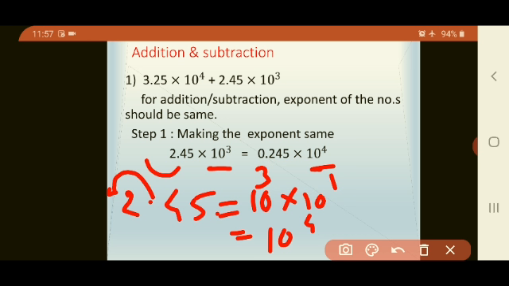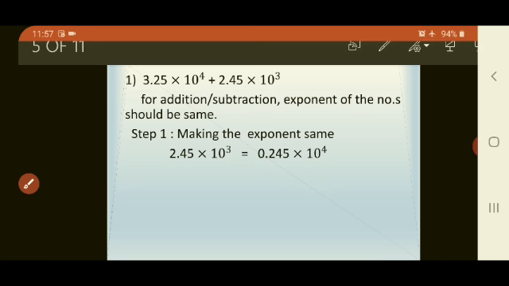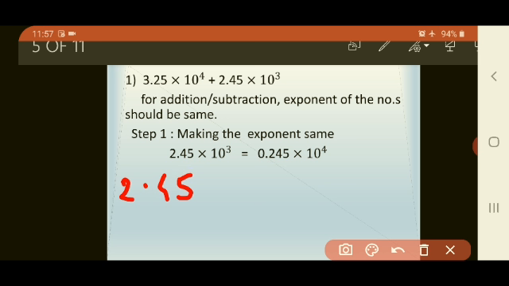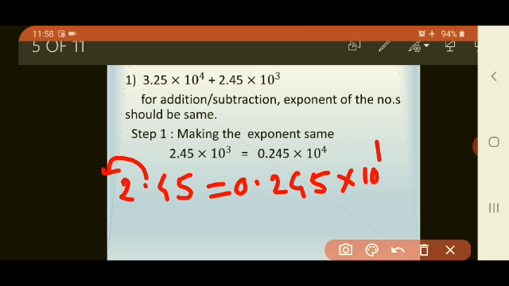Now here we are writing this number as what? 2.45, we are shifting the decimal point, so we are writing 0.245 into 10 to the power 1. Already 10 to the power 3 is there, and that is kept as it is.